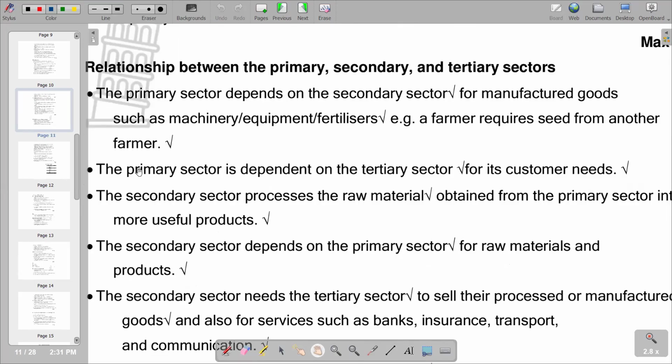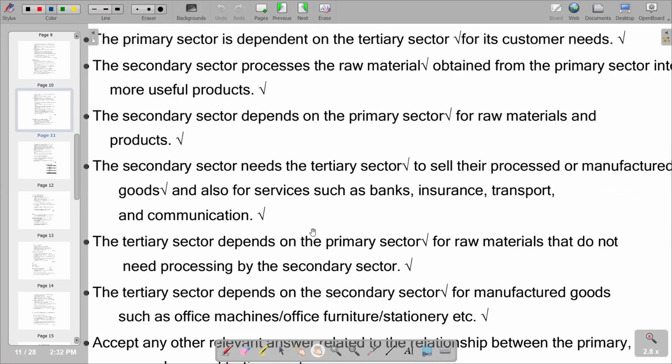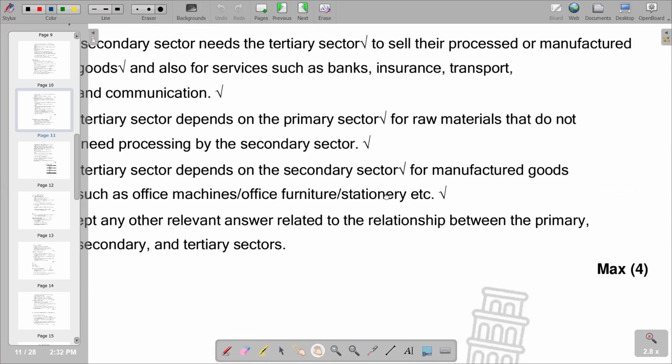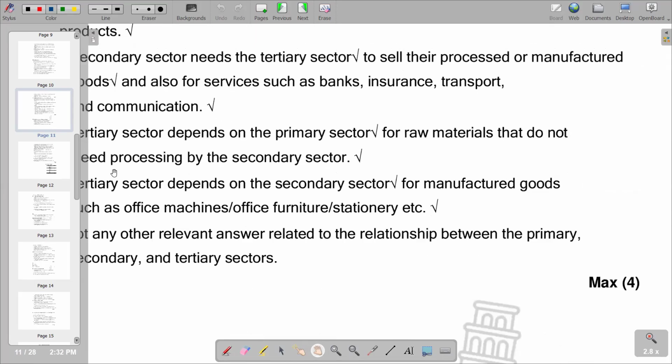So we see that there is an interconnection existing between the 3 sectors. The secondary sector needs the tertiary sector to sell their processed or manufactured goods, and also for services such as banks, insurance, transport, and communication. All these points we can include, but our question has a maximum of 4 marks.